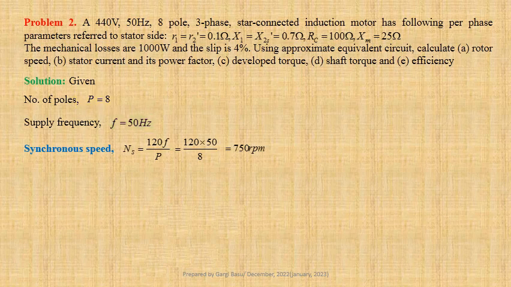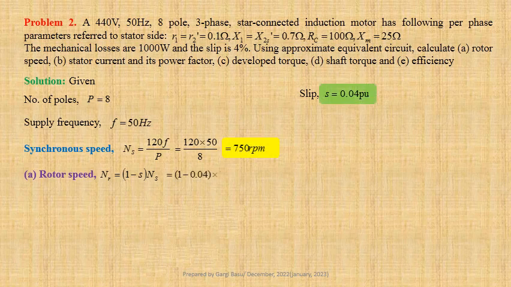Now we shall determine rotor speed. Nr equals (1 minus S) times Ns. Given slip S equals 0.04 per unit. Therefore, Nr equals (1 minus 0.04) into 750, that is equal to 720 revolutions per minute.